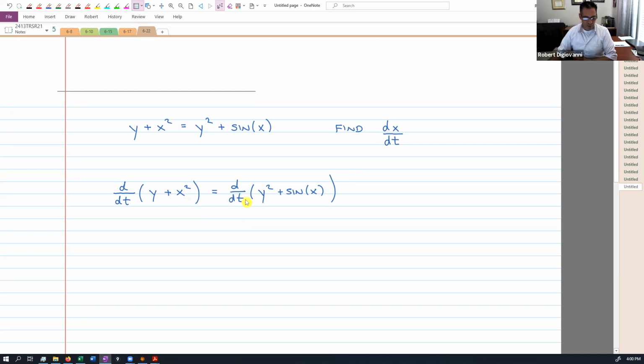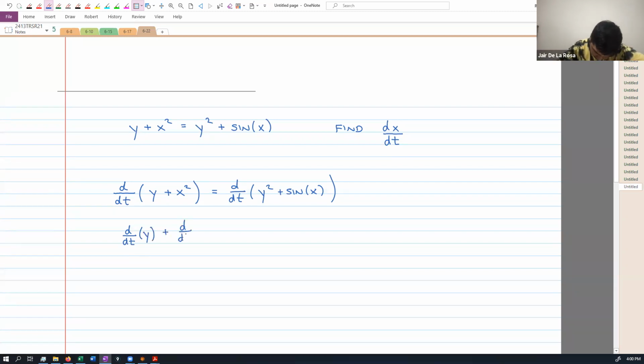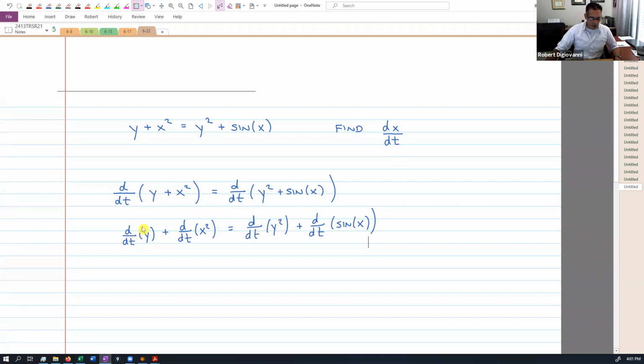On both sides, we have addition, so that means I can split that up more. I'm just using the fact that there's addition to do each one of these separately.